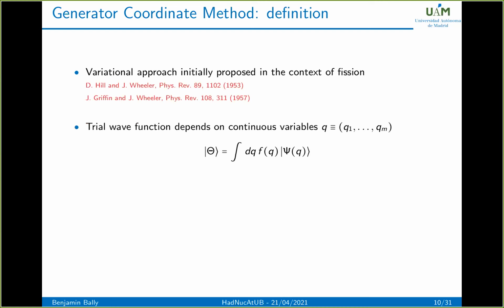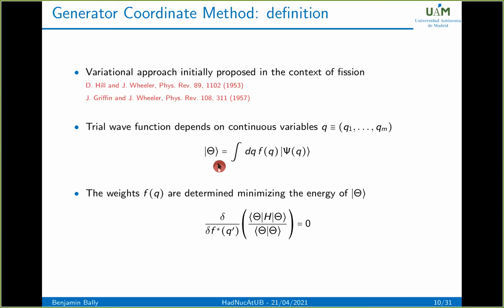And the idea is simple: it is to consider a variational ansatz that is a linear superposition of many states that depend on continuous variables Q, which can be a single variable or a set of continuous variables, and to consider this linear superposition as your trial wave function.